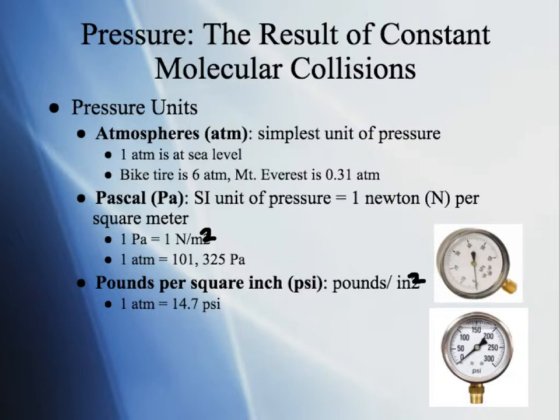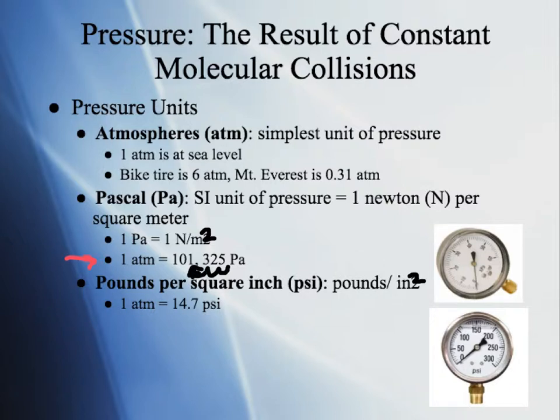Now, when we relate that to atmospheres, 1 atmosphere is actually equal to 101,325 pascals, which is a huge number. So typically, when we're working with pascals, we're actually going to be working with kilopascals. Remember, kilo means 1,000. So we're going to divide pascals by 1,000 and just move that decimal over 3 times to the left.